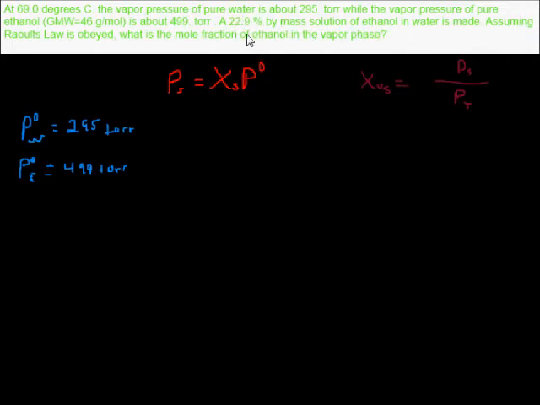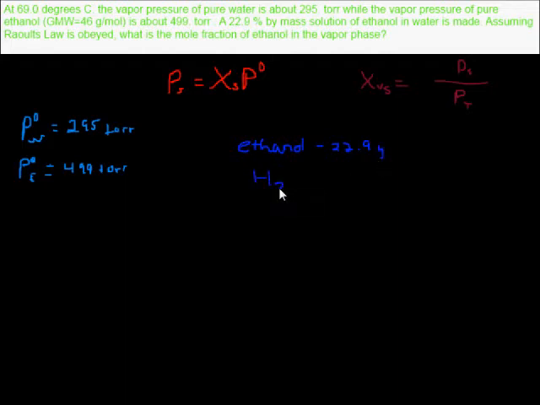So we assume 100 grams with this percentage. Since this is 22.9% by mass of ethanol, we can assume out of a 100 gram sample that ethanol is 22.9 grams in that sample. So ethanol is equal to 22.9 grams.